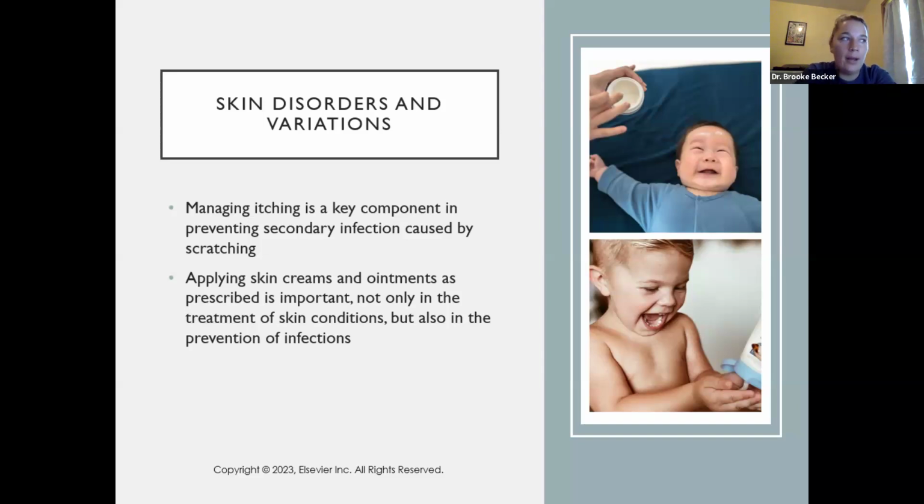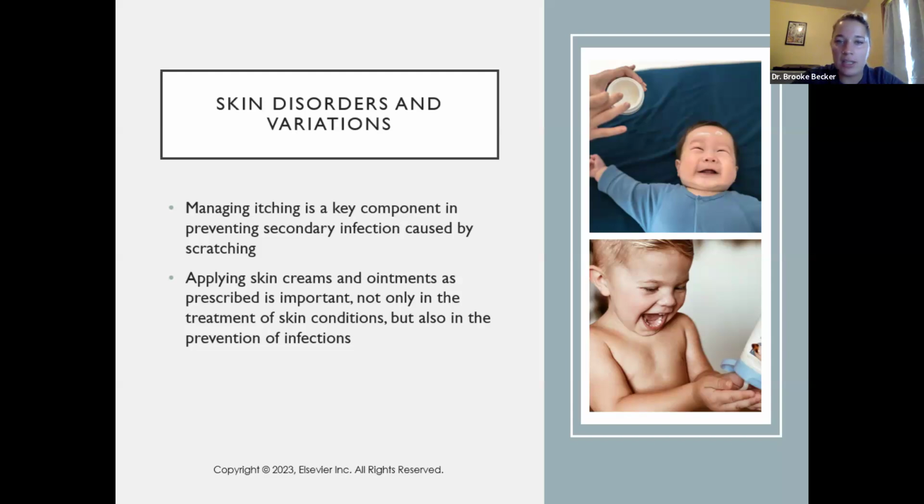So when applying skin creams and ointments, it's really important to tell parents or kids to wash their hands before and after. That way, hopefully, that reduces a little bit of the risk of infection, and obviously try to have kids not be itching at it, but sometimes that's nearly impossible.